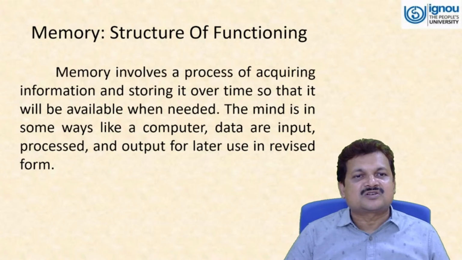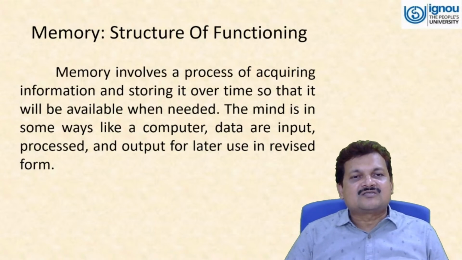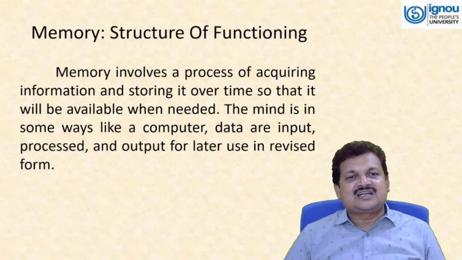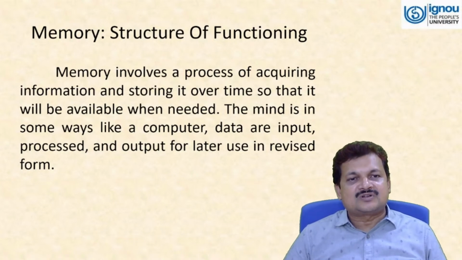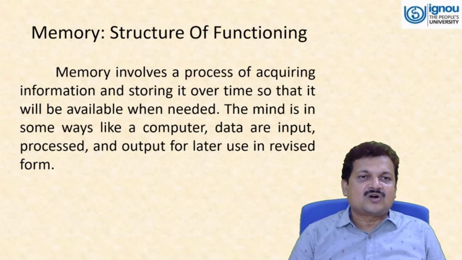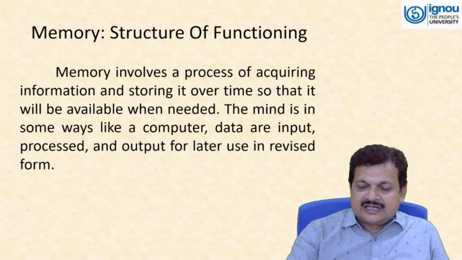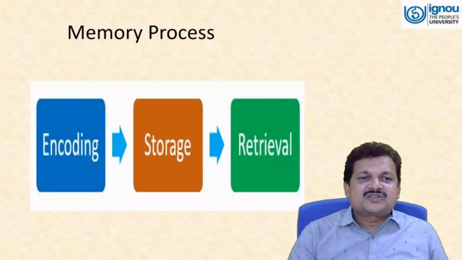All the information coming to the memory is adjusted with the information available in the memory, and that creates a calculation of whether this is a positive thing or a negative thing, and finally the output is drawn. So what is the output? Whether the information you got is a positive thing or a negative thing, that is the output you are going to get. So the memory process works like this.